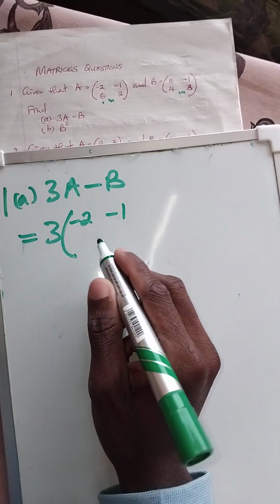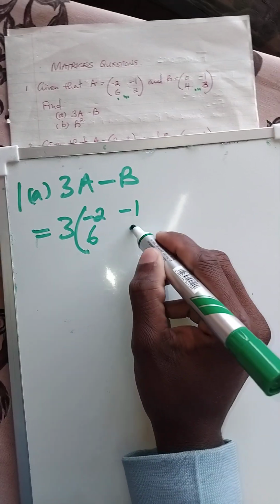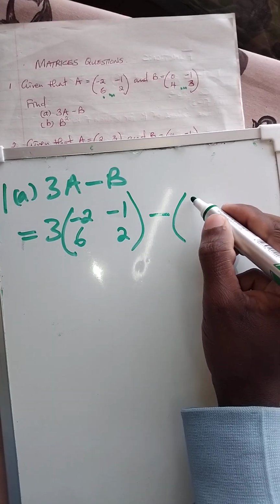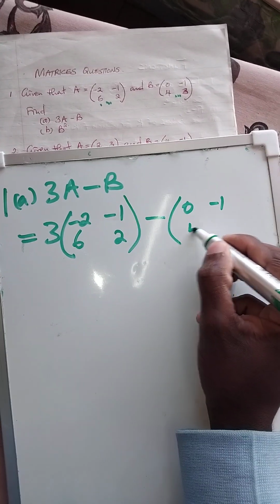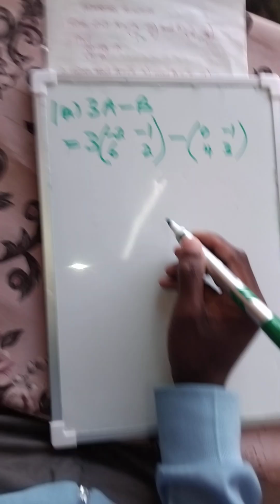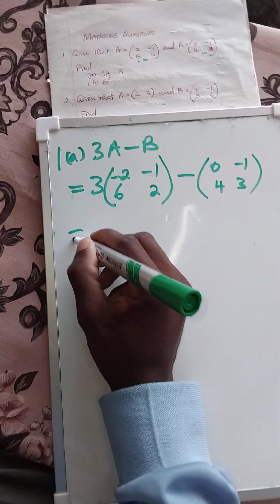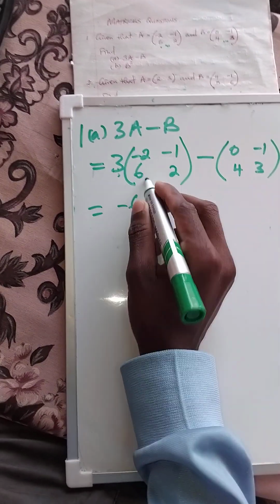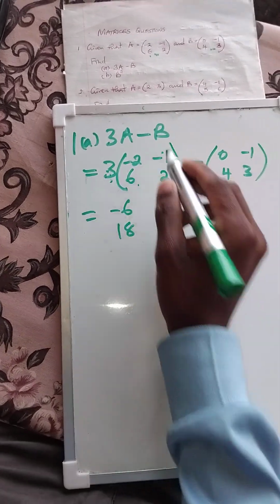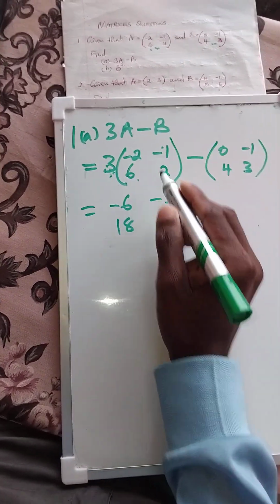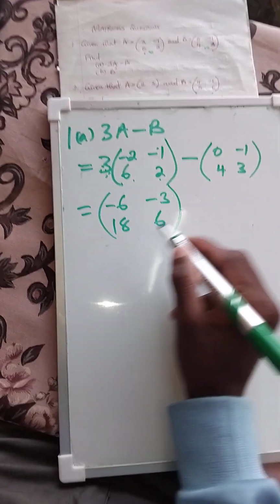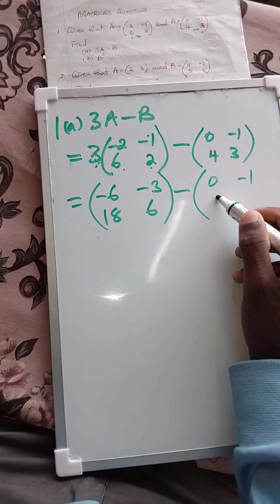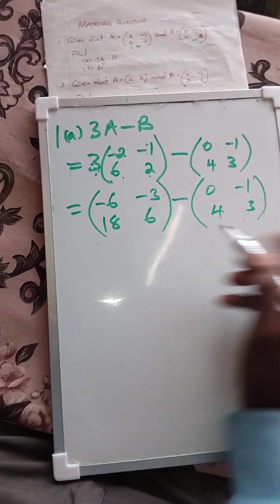Then manapa toti 6 na 2 and minus B ndiani 0 minus 1 na 4 na 3. Right, panapa this is scalar kaino multiply each. So negative 6 upper 18 upper negative 3 upper 6 and minus 0 negative 1 na 4 na 3.